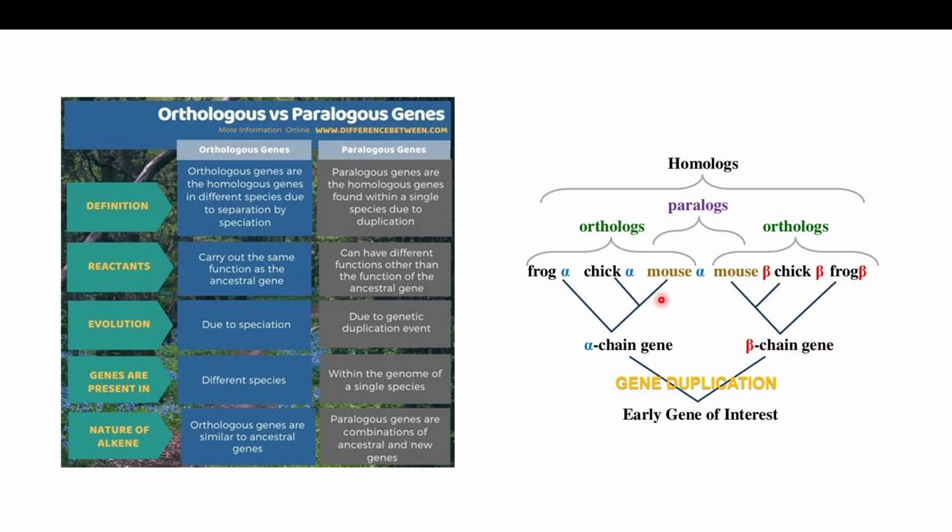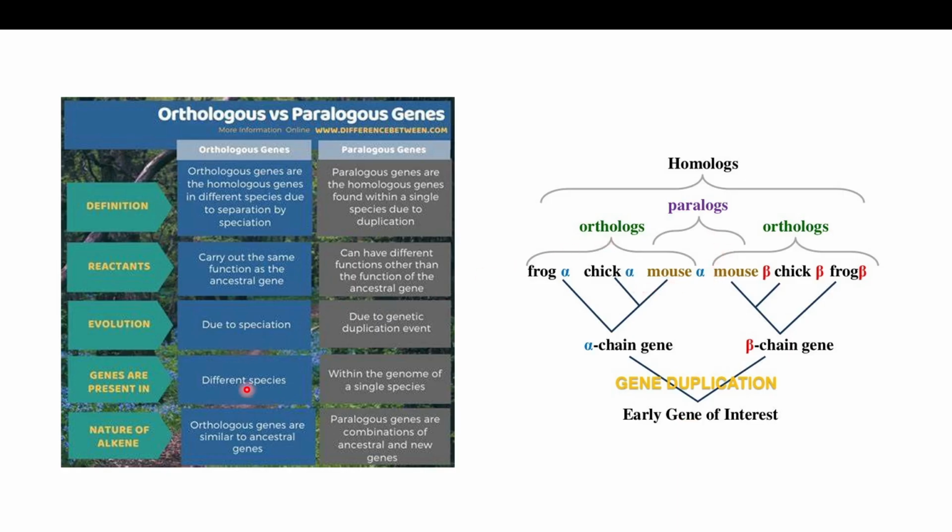Now the mouse alpha and mouse beta will be called paralogs of each other. So paralogous genes are within the same species, like within the mouse species only, the alpha and beta chain genes, which had duplicated earlier from an ancestral gene, are paralogs of each other.